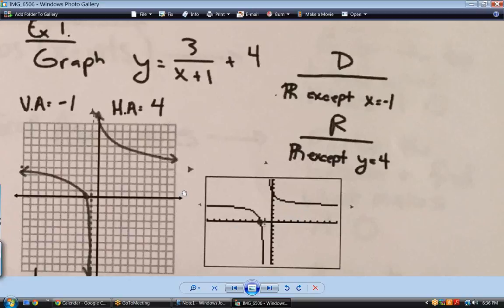What are all the possible y values? All the possible y values would be in the negatives. Well, start from the bottom. What can y go to on the bottom?